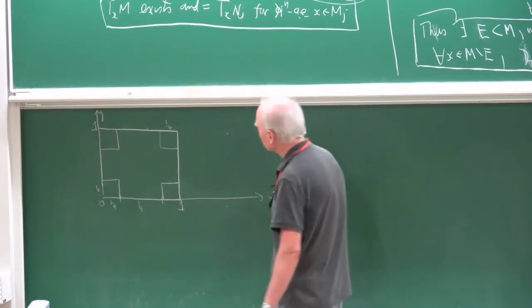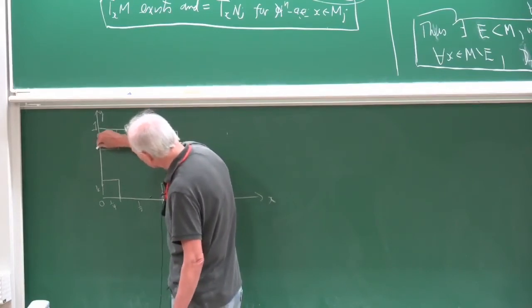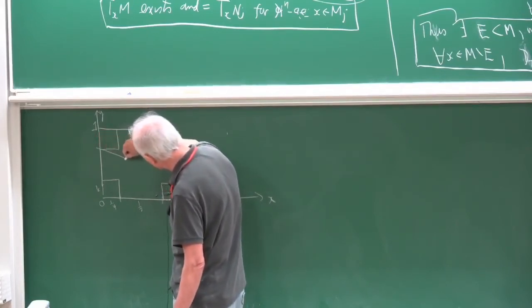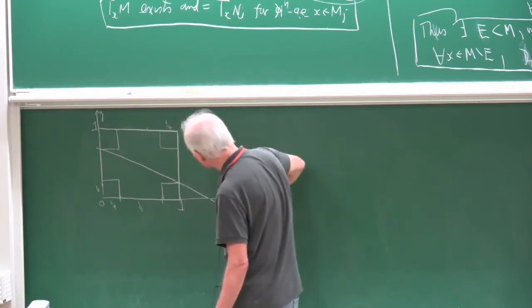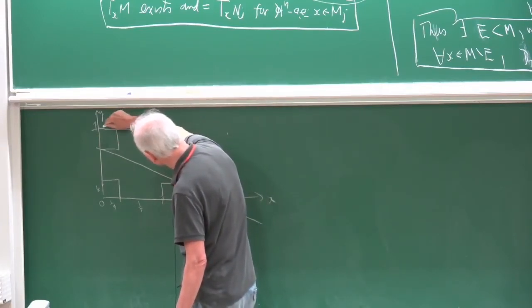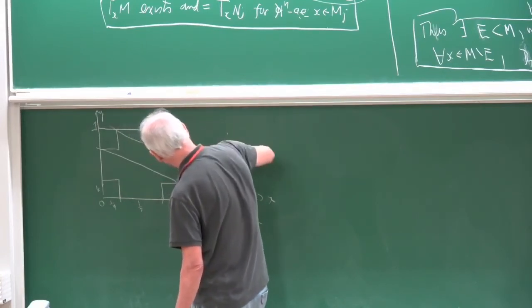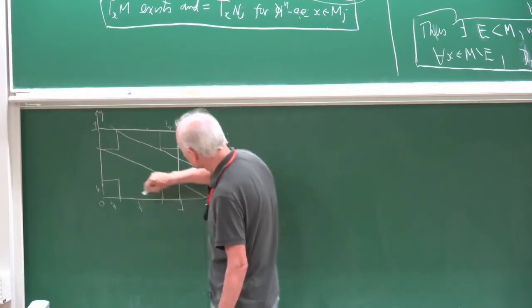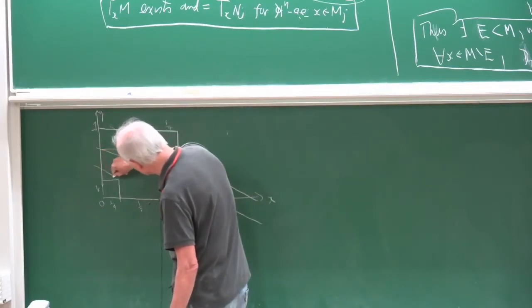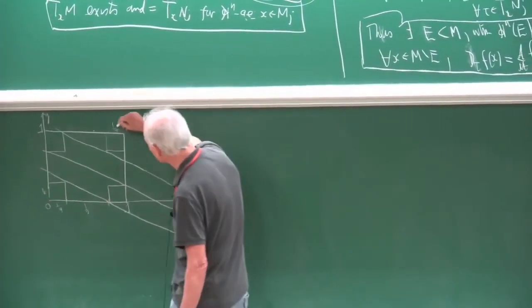Now notice that if you project, so let's have a look at these lines, these lines of slope minus 1/2 that go through here. So far, so good. Things sort of look parallel.